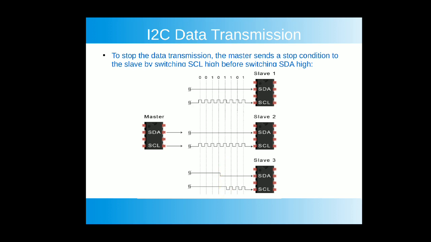After the stop condition, we can see that the bus has gone to an idle state. The idle state of the I2C bus is represented by both the SDA and SCL lines kept at high voltage. And in this case, if some other master needs to communicate, the other master can start the communication.